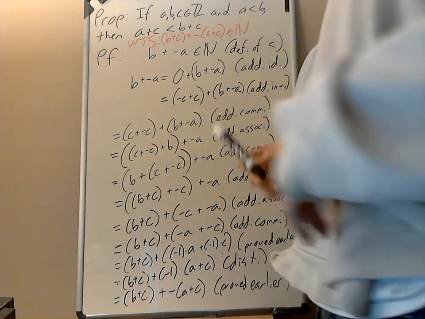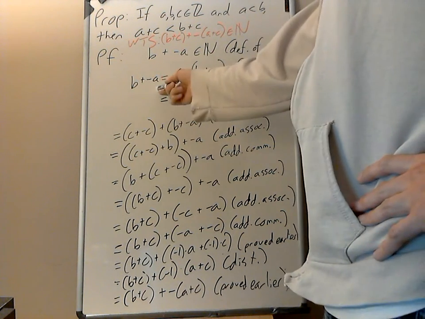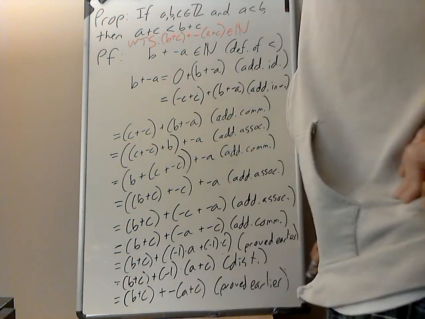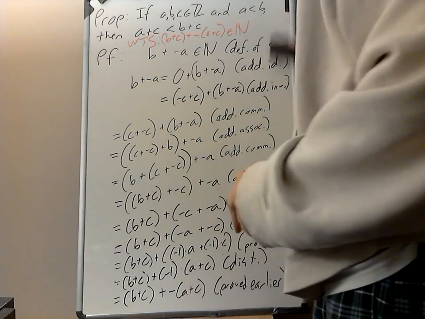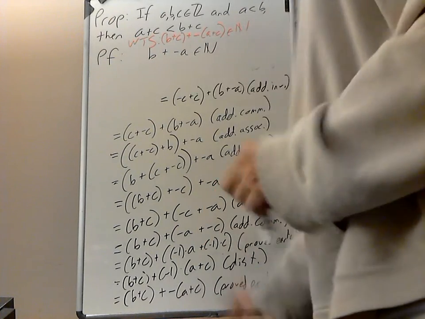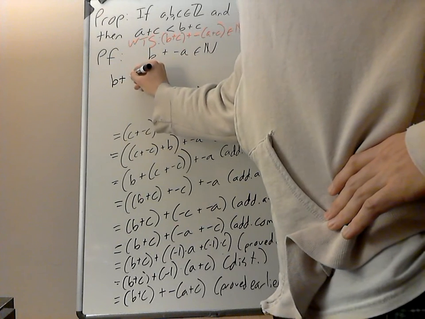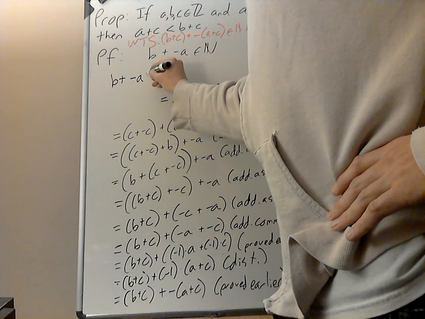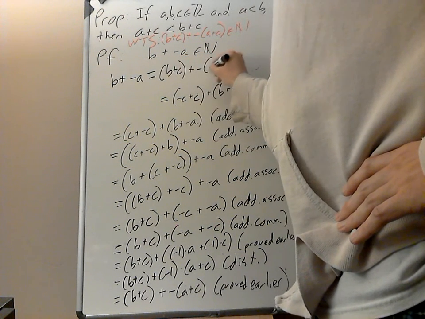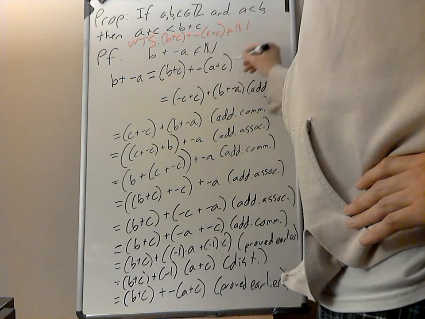Okay, so the conclusion to all of this is that b plus negative a is equal to b plus c plus negative a plus c, but it's also in the natural numbers by our assumption.